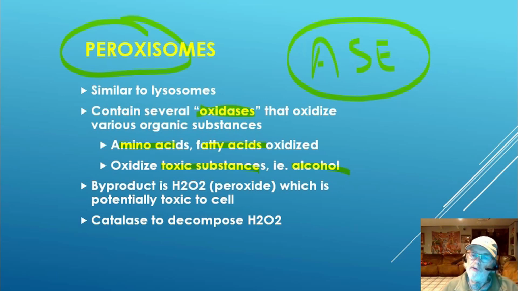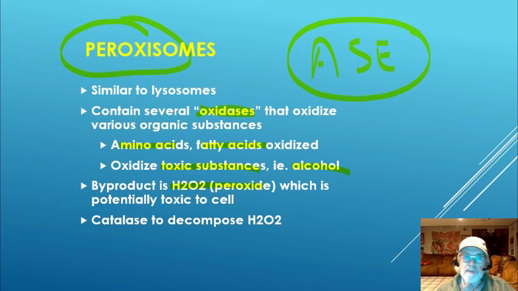Here's one of the problems with peroxisomes, okay: the byproduct is peroxide. Well, peroxide, I put that on my wounds, I get a boo-boo, and I put a little peroxide in it, and it bubbles up and looks nice and cute. Well, actually, the peroxide inside the body is toxic, and it may cause cellular destruction, so you don't want all this peroxide, because it will actually destroy a cell as well.